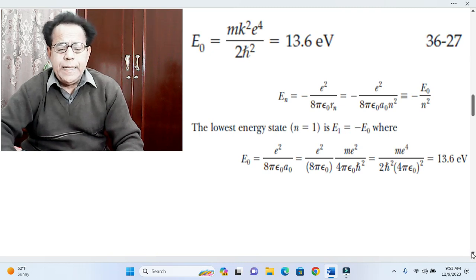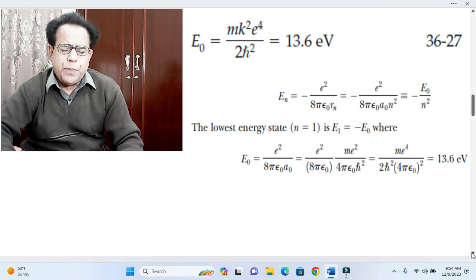Similarly, here k is not kinetic energy or something else. Here k is a constant 1 over 4 pi epsilon naught. e is elementary charge, charge of an electron or charge of a proton.